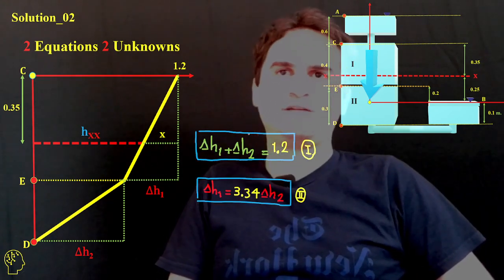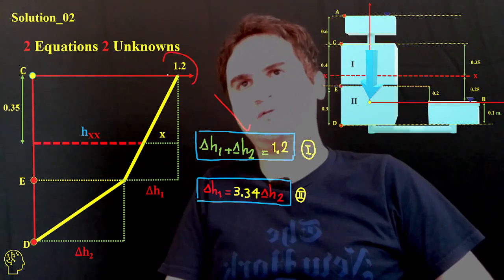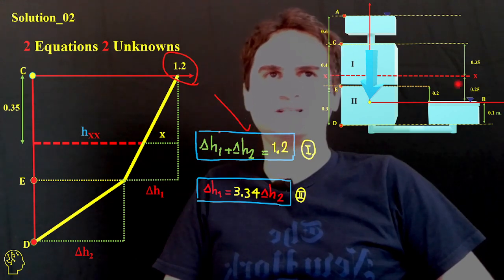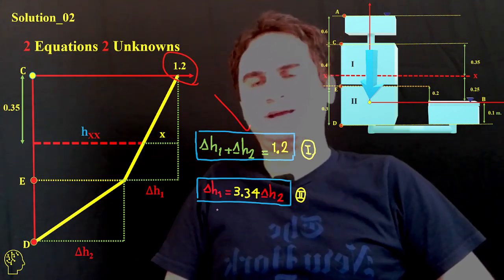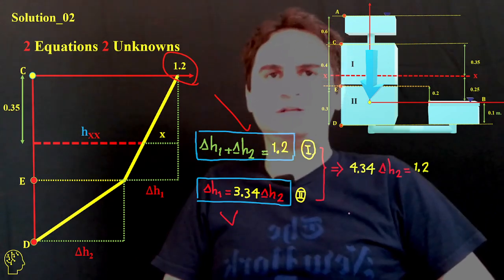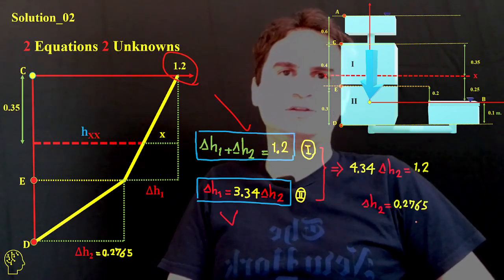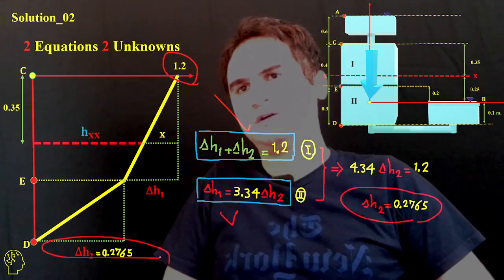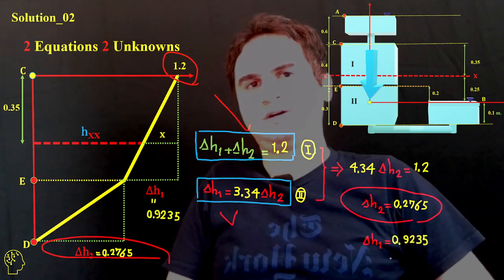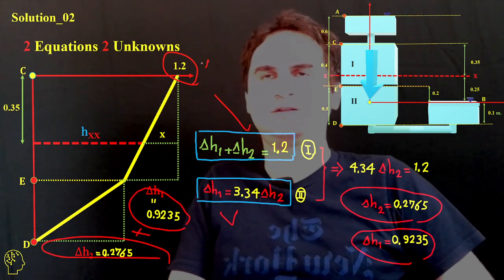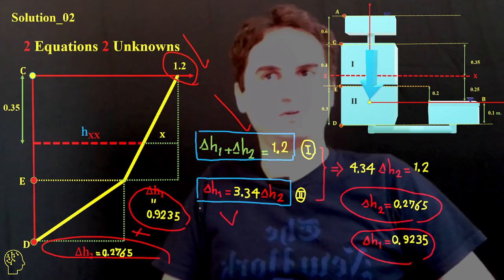With equation 1, the total head loss of 1.2, as you can see at the top, the summation of 0.6, 0.35, 0.25, and the second equation being the ratio of these two, combining them gives delta H2 as 0.2765 and delta H1 as 0.9235. If you add these two up, you get 1.2, which is the total head loss.